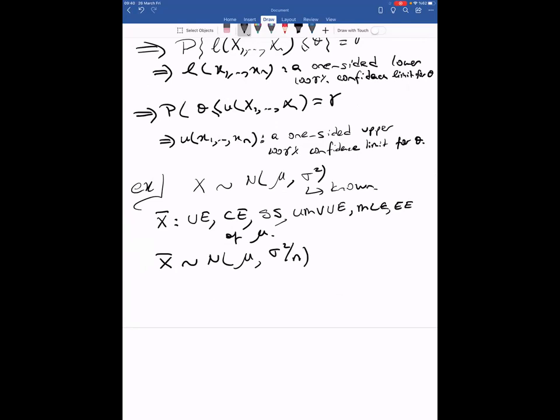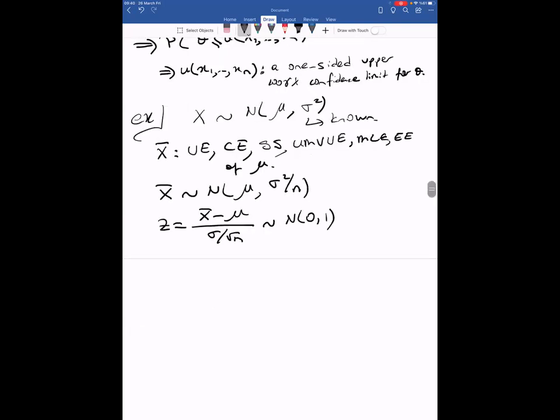Let's standardize it: z equals x bar minus mu over sigma over square root of n. Since mu is a location parameter, the distribution of x bar minus mu is free from mu. It will be normal with mean 0 and variance sigma square over n, so z will be standard normal.